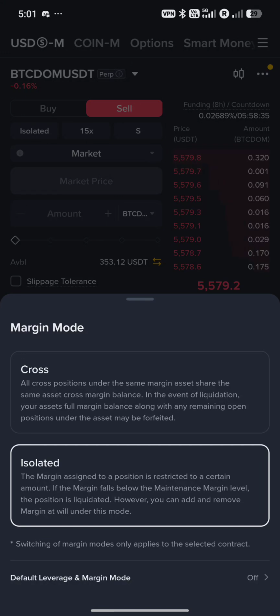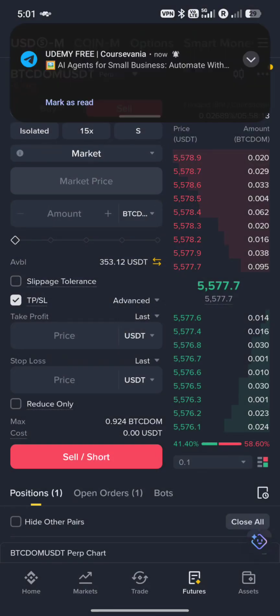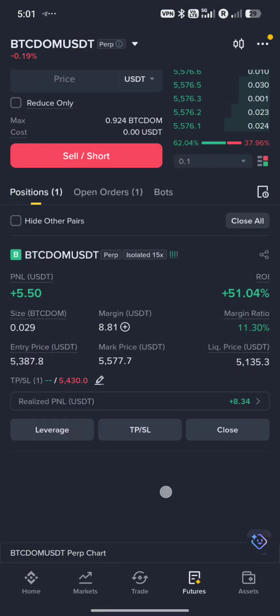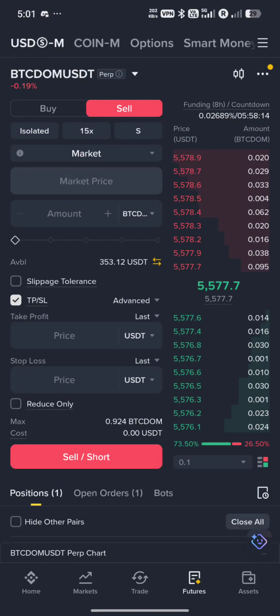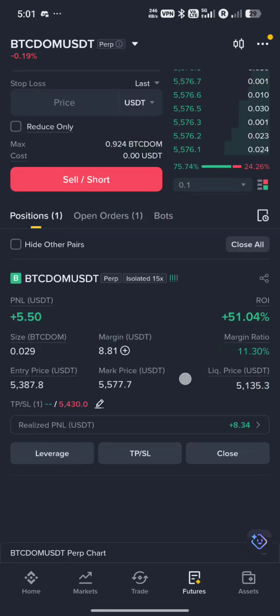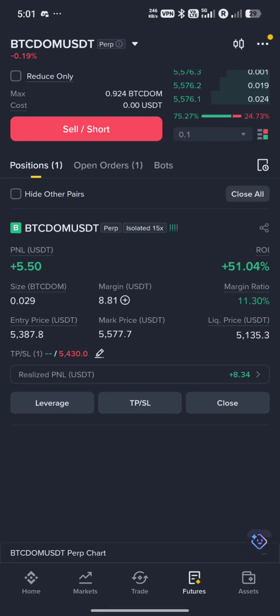Cross means that, let's assume you open a position. Let's assume your account is on cross. Because I have a position, I won't be able to change it. So let's assume that my account is on cross and I open this particular position, and this position is running in loss.